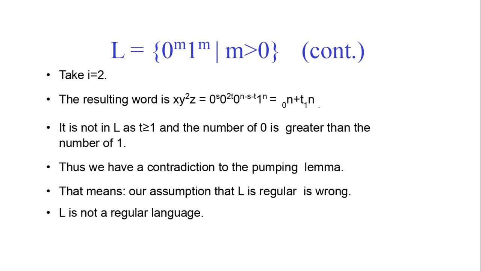It is very obvious here that the number of zeros after this repetition of y will be more than the number of ones. So the string which we get after x y raised to power 2 z will not follow the rules of language L, which says that the number of zeros and ones should be equal. So after applying the pumping lemma, it is very clear that it does not belong to a regular language.